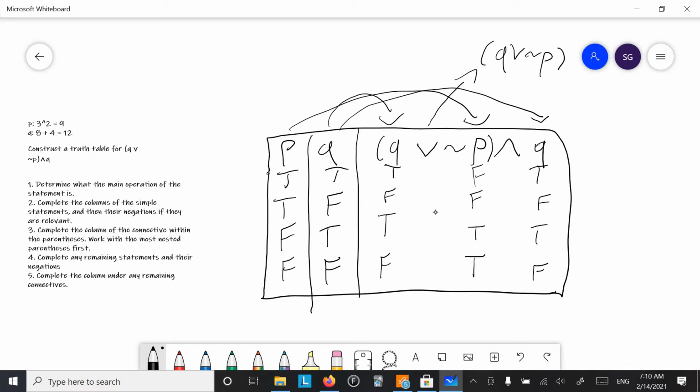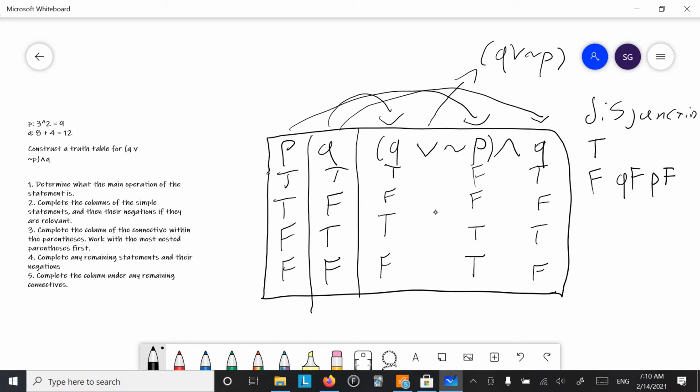Okay, so what do we know? So the disjunction. When is it true, and when is it false? It is false when both Q is false and P is false.